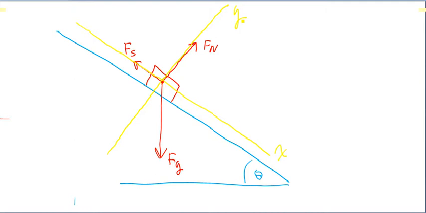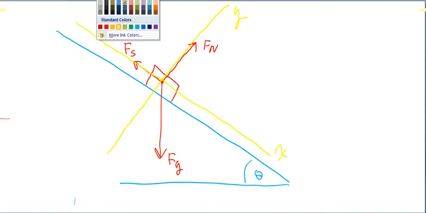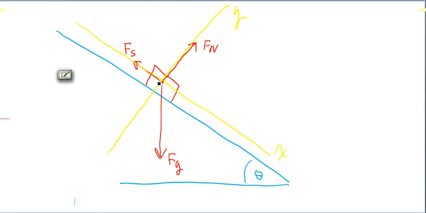In this case, I only need to resolve force gravity into its x and y components. So let's start out by drawing force gravity in the y direction, and here is force gravity in the x direction.